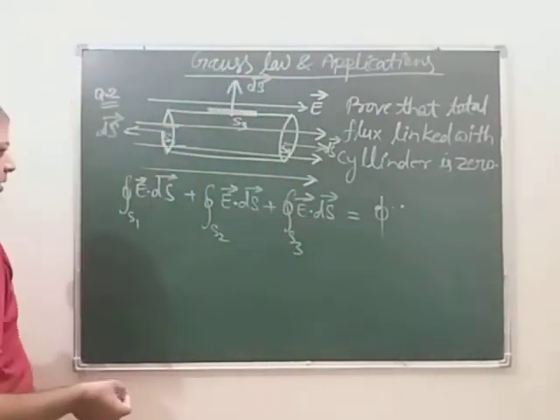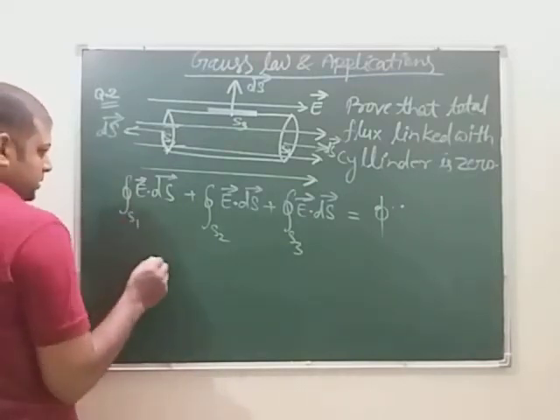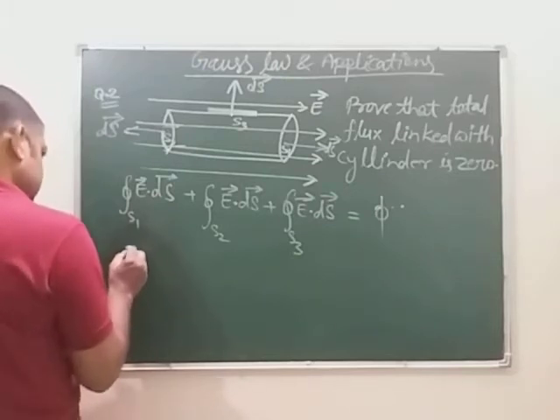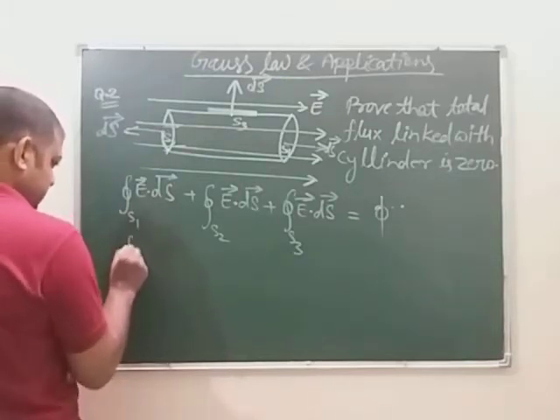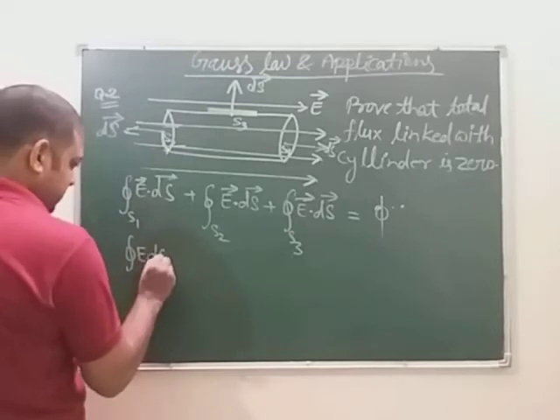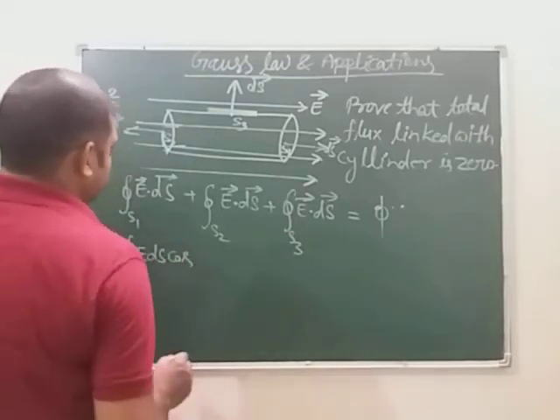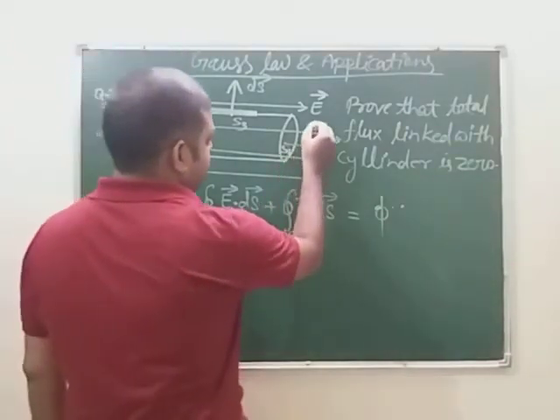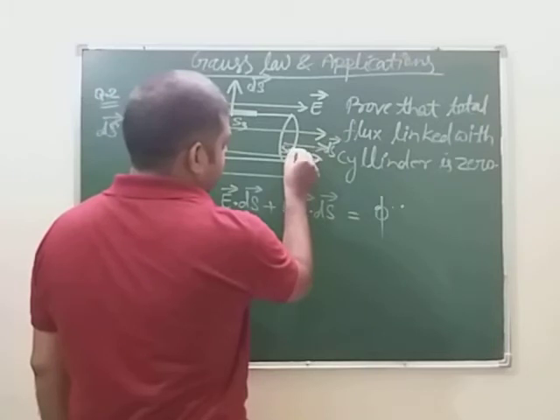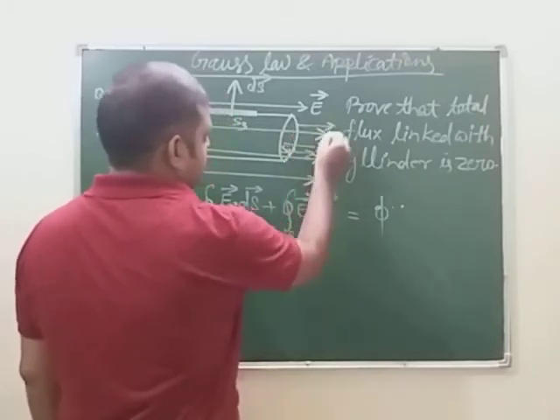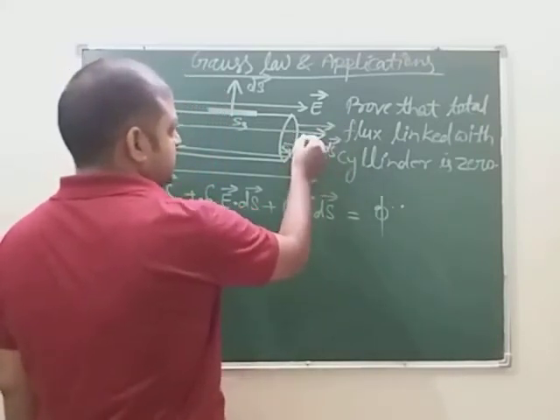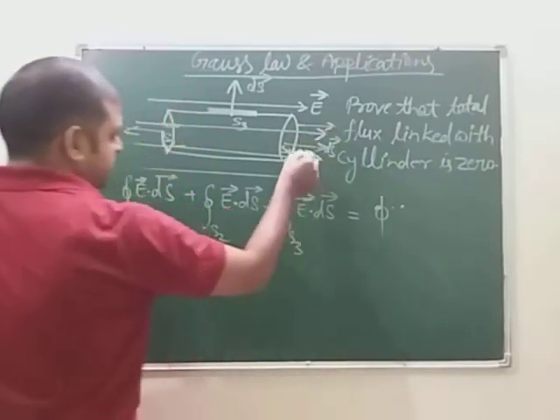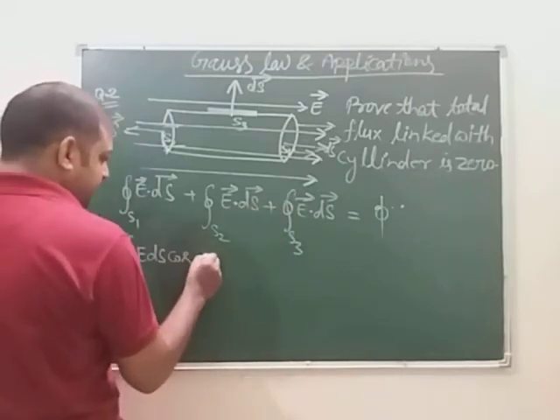So here we can find E·dS, and if we solve the dot product then it will come as cos theta. So it will be E dS cos theta. Now the surface S1. The electric field is in this direction, the area vector is also in this direction, then theta will be 0, because for parallel lines the angle is 0 degrees.